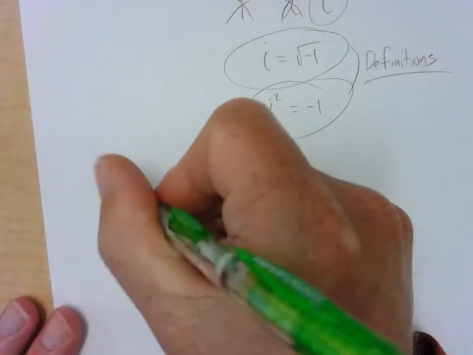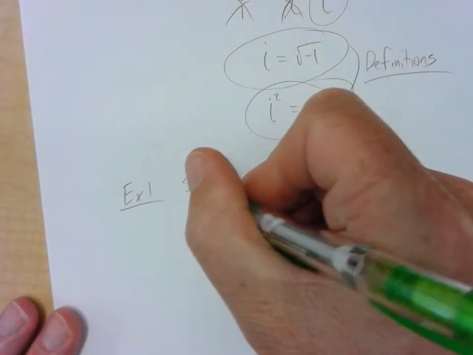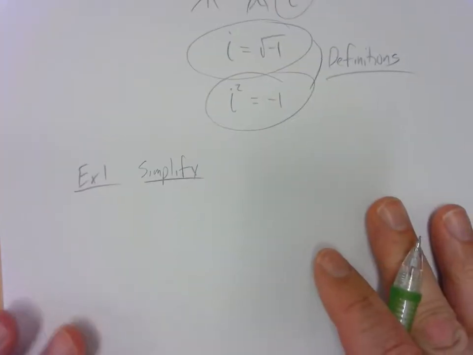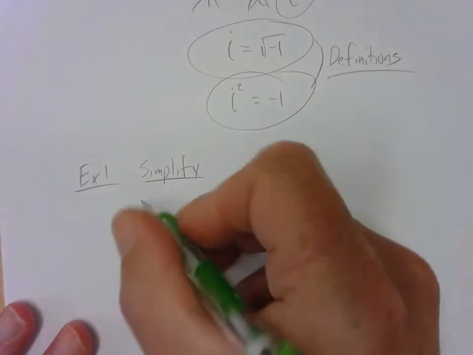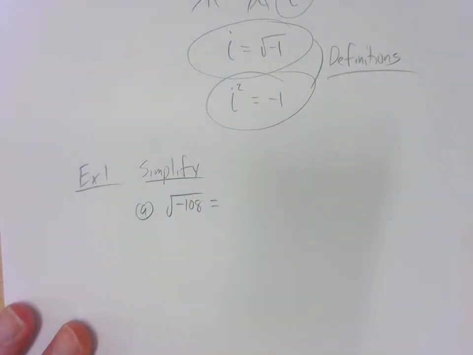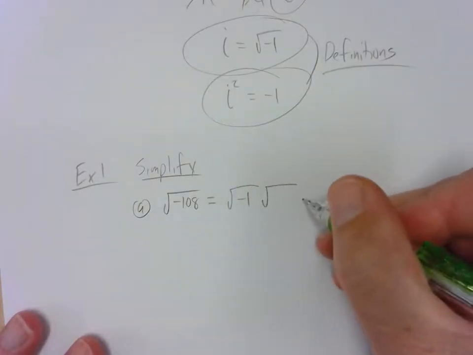So example 1, we're going to simplify. Okay, so what are we going to simplify? We're going to simplify a, square root of -108. So I'm going to split this up into three things. Square root of -1, square root, square root.